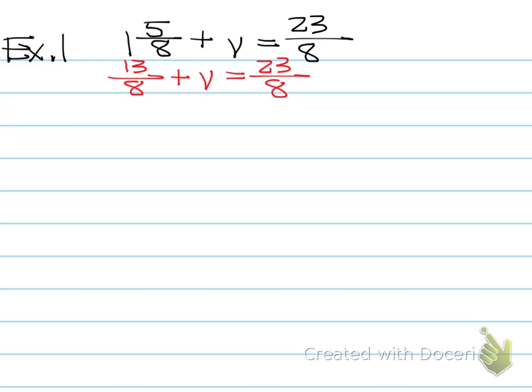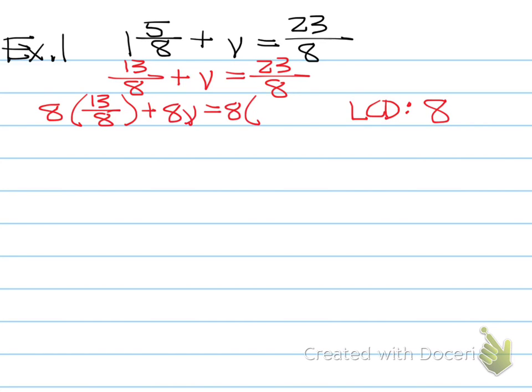We only have one denominator, 8, so we're going to multiply both sides of the equation, all the terms, by 8. We multiply 8 times 13 over 8. The 8's will cancel. Same thing will happen when we multiply the 23 over 8 by 8. So 8 times 13 over 8 will give us 13. 8 times v is 8v. 23 over 8 times 8 is 23.